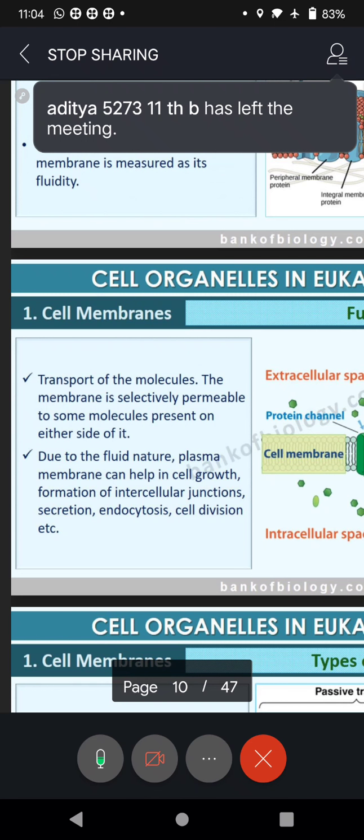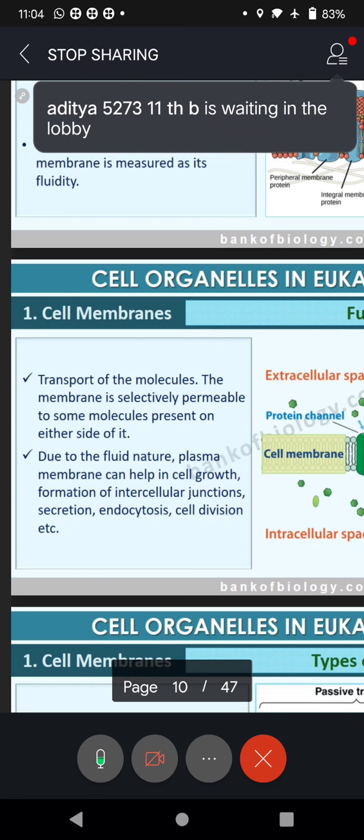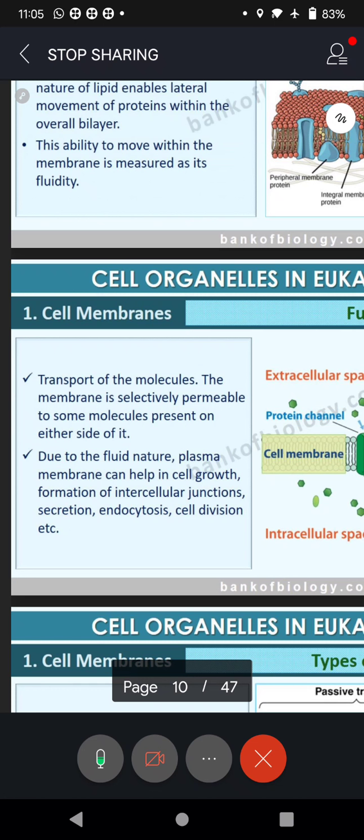Basically it helps in transport of molecules. That's why we said semi-permeable membrane, and it selects which minerals or elements are allowed inside, and which are thrown out. Suppose some useful material like glucose is trying to escape. It filters, picks it up and puts it back. So this is how we say selectively permeable membrane.